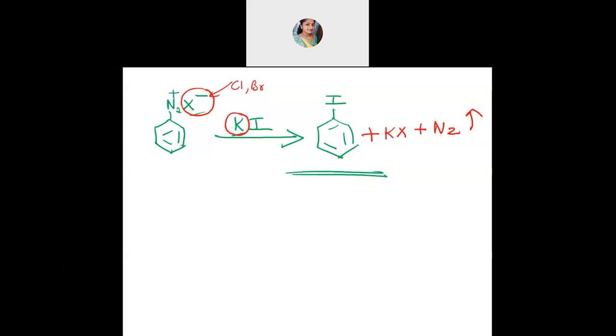If it is chloride here, it will be potassium chloride. If it is bromide here, it will be potassium bromide. That will be formed here. And nitrogen, as I told you, will escape out in the form of gas. Remaining will be your iodine, which will combine with your benzene, giving you iodobenzene.